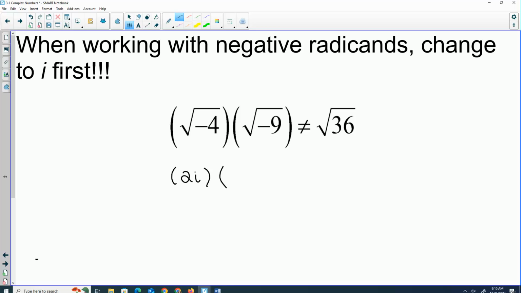What's the square root of -9? 3i. When you multiply those, you get 6. i times i would be, what's i squared equal to? -1. And the answer is -6. If you don't pull out those i's, you would get a +6. So anytime we're multiplying, make sure you simplify those radicals, pulling out the negatives before you multiply them together.